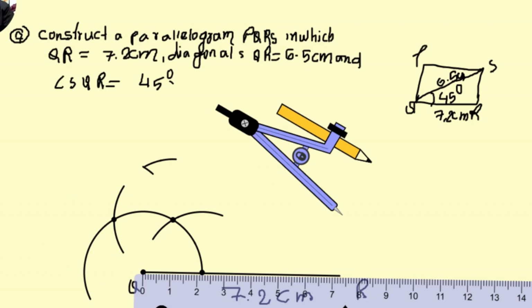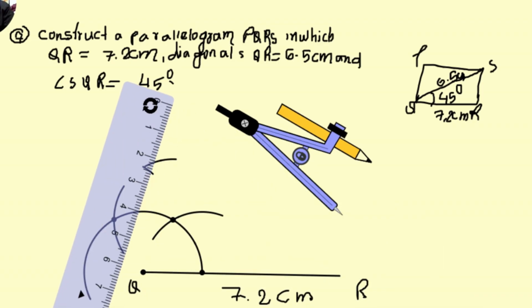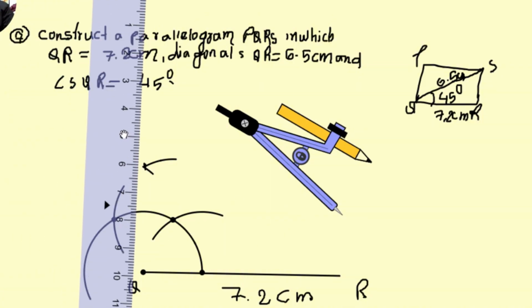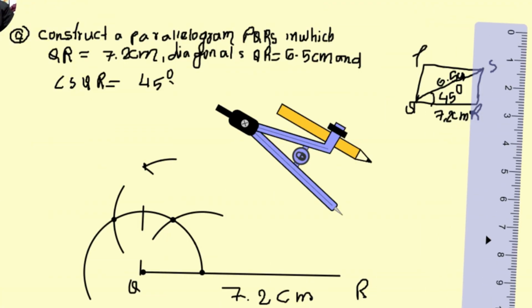Now take the help of the ruler. Okay, now see here, put this side. This is 90 degree, and here we have to join it in 3 places. Here also, and this is for the 90.